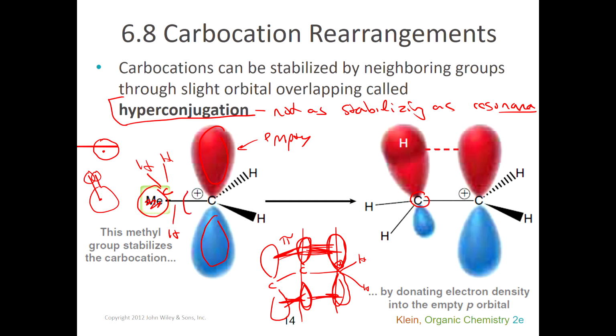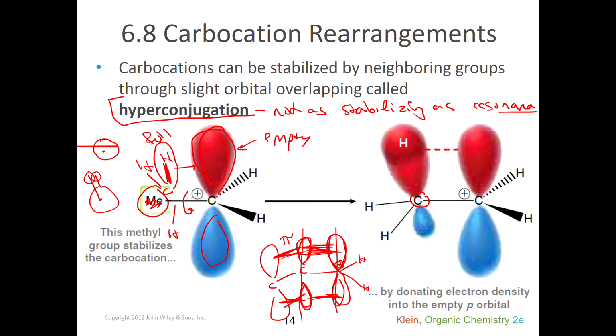If this single bond rotates so that any one of these H's gets into the same plane as this empty orbital, I would have eclipsing. But instead of eclipsing between full orbitals that would be unstable due to repulsion, now I'm eclipsing a full orbital and an empty orbital, and so there's 2 electrons in that area of overlap, which is perfect. That's what I want to make it even more stable. So I'm kind of sharing some electron density from a sigma bond into an empty p orbital.